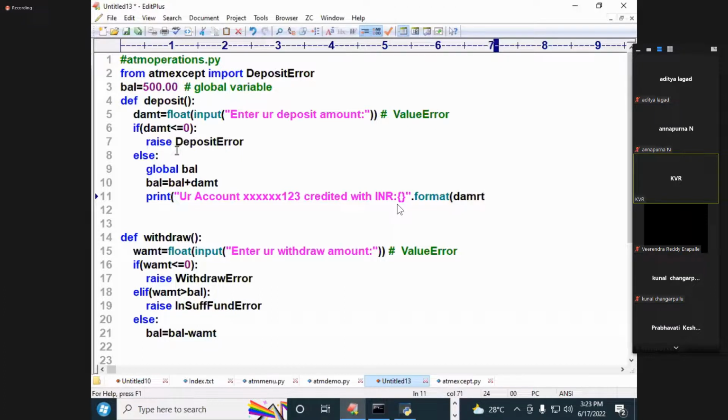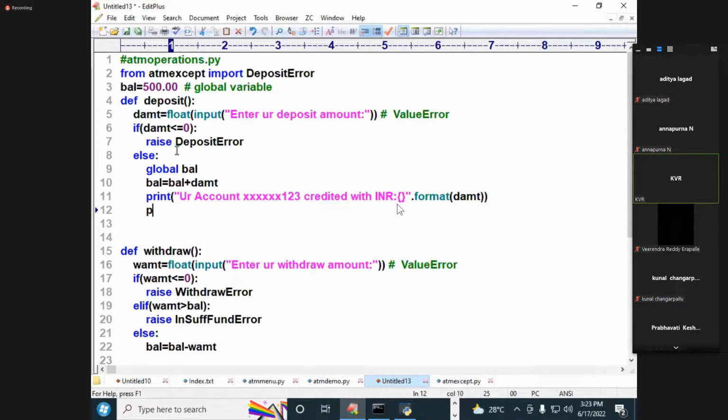Now I am saying print your current balance. Your current balance colon, dot format of BAL.